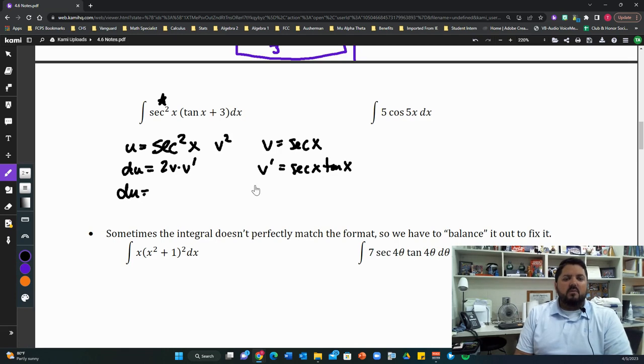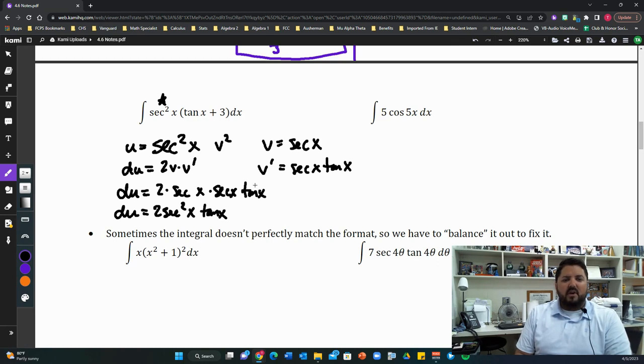So my du would be 2 times secant x, that's the v, and then times secant x tangent x. So really, if my u was secant squared x, then somewhere else, another factor of that problem would have to be 2 times secant squared x times tangent x.